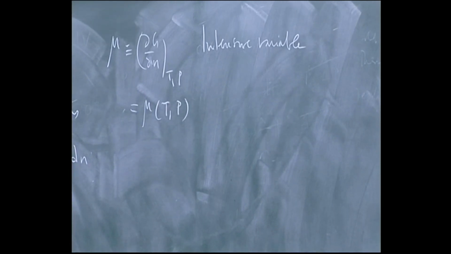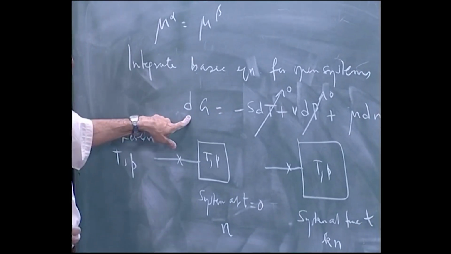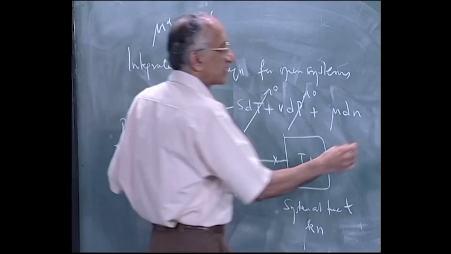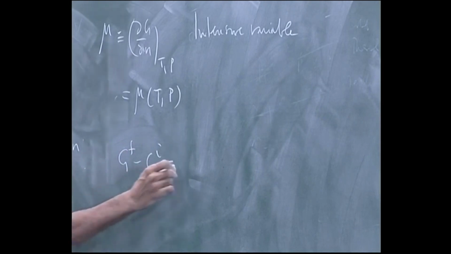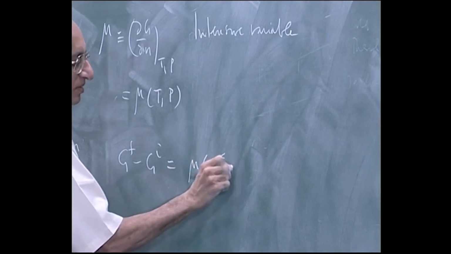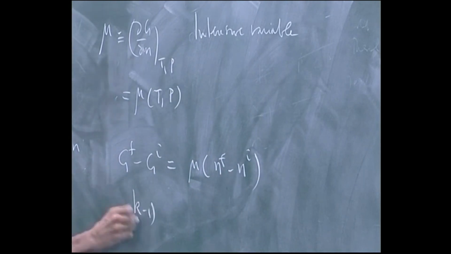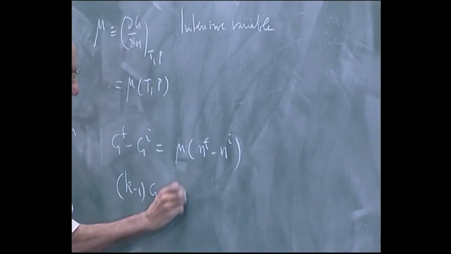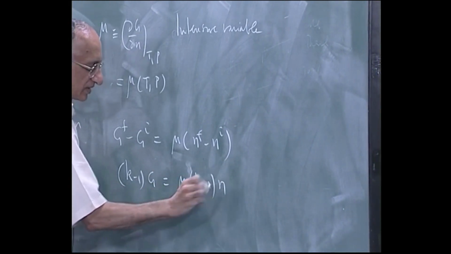You might say this is in a fundamental way an assumption in classical thermodynamics. But let me come back. Right now, if mu is an intensive variable, it must remain the same here as here. So, for this process, G final minus G initial is simply equal to mu times n final minus n initial. This is k minus 1 times G initial, which is simply mu times k minus 1 times n.